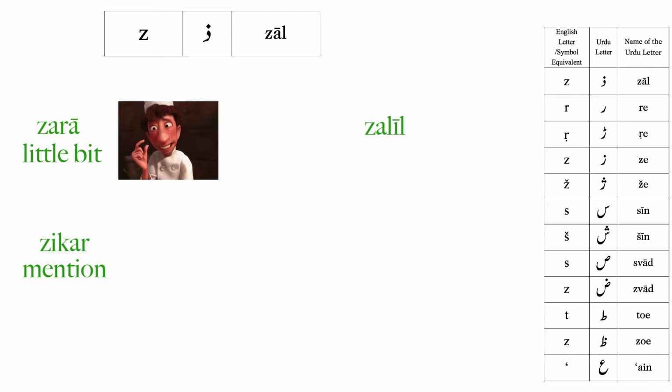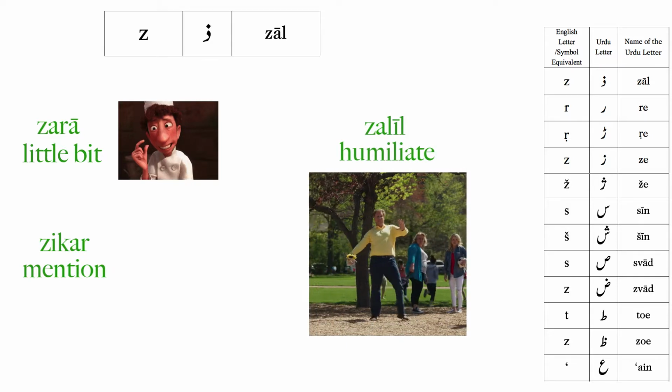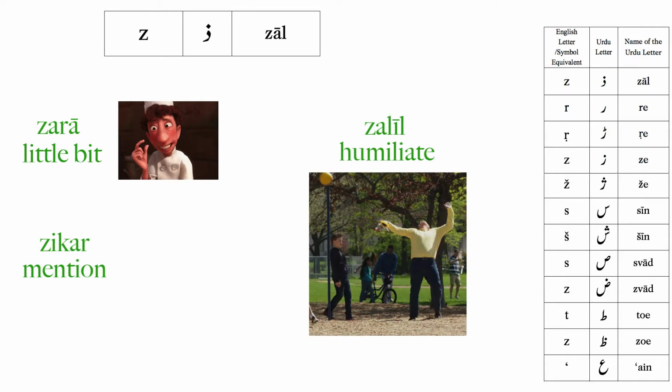Zalil, which means humiliate. If you're thinking, man, these are not words for beginners, then you're right. In a bit, we're going to have another letter that also makes the Z sound. But it's good to keep in mind that most words that begin with zal have an Arabic or Persian origin. So when you hear a word that begins with the Z sound, either look it up or bet on it not beginning with zal.